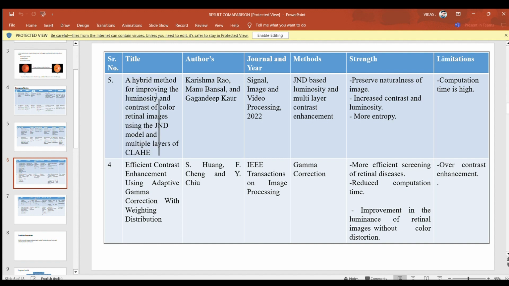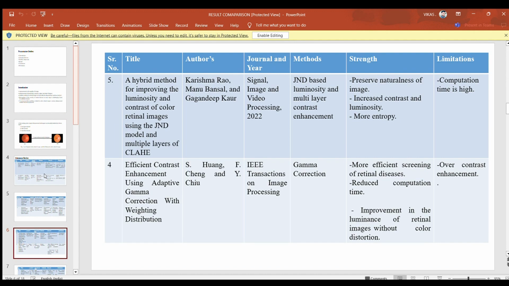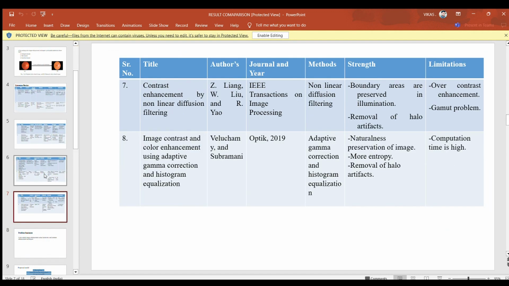There are also other research papers proposing more enhancement results, which are currently being worked on, but we have also improved our proposed model in comparison with this paper, and our paper is more improved.